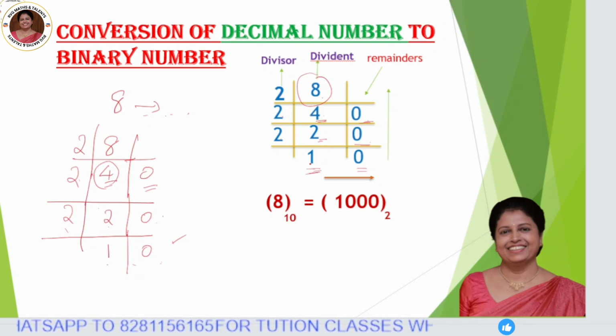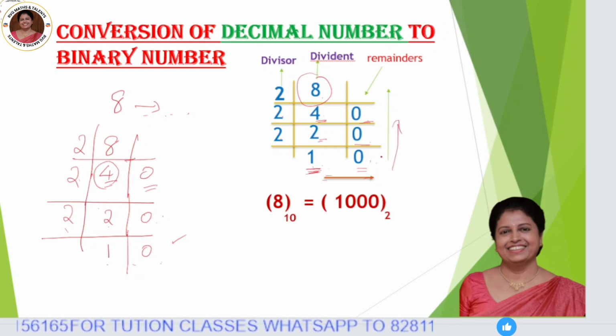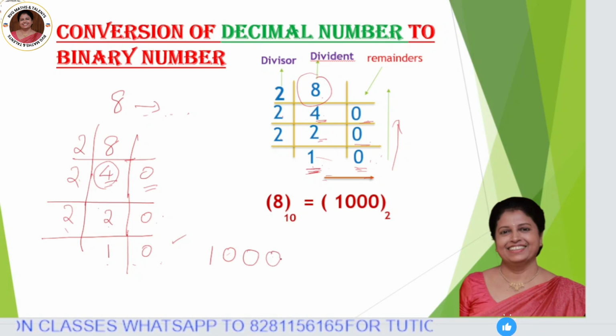Now we got 1 as the last quotient, and then these are the remainders. So we start from this 1 and go upwards, writing down all these numbers. Starting with this 1, then 0, next remainder 0, next remainder 0.